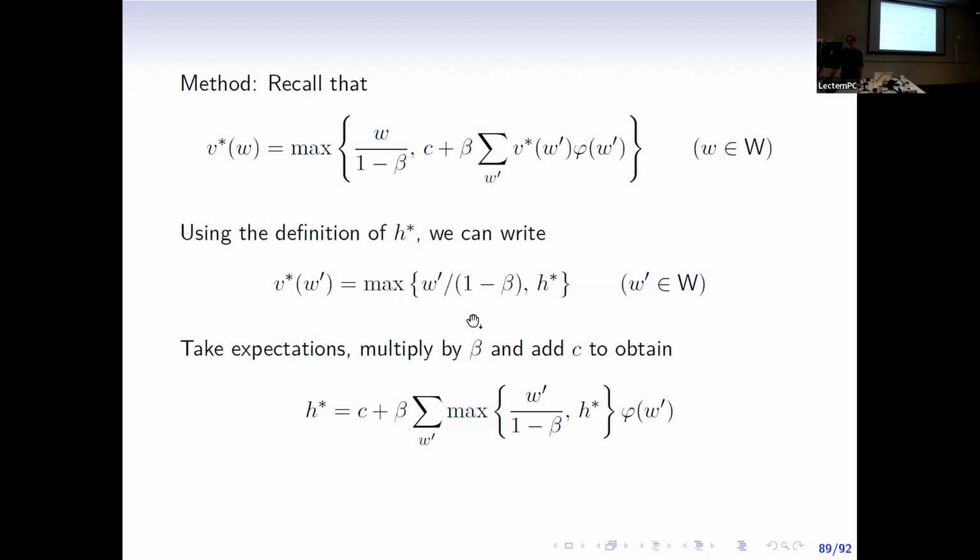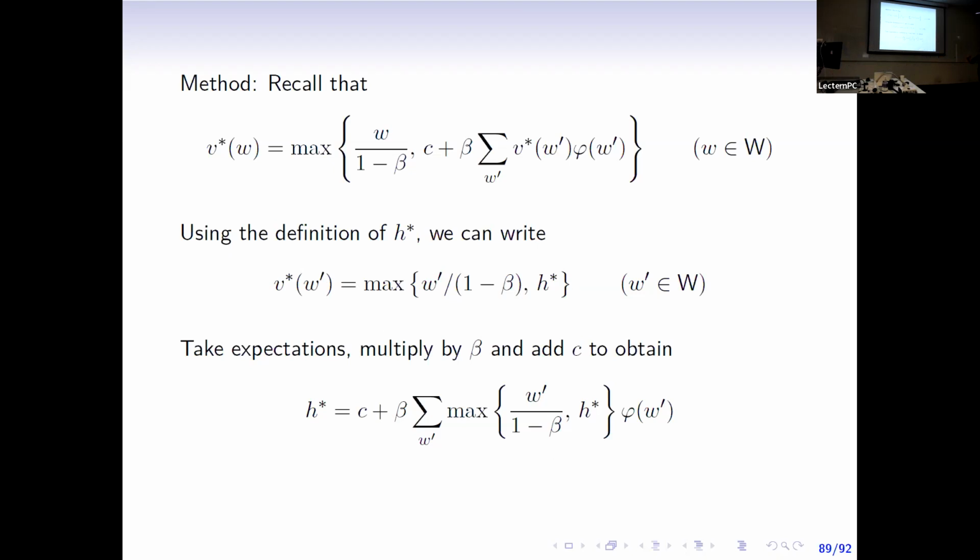But of course, when I did that, I have to do the same thing to the other side. So while I'm busy changing this into h star, I'm going to do the same things to the other side, and I get the equality at the bottom of the slide. So now I've got an equality in h star, where h star is the unknown. So we've gone from w star being the unknown to h star being the unknown.